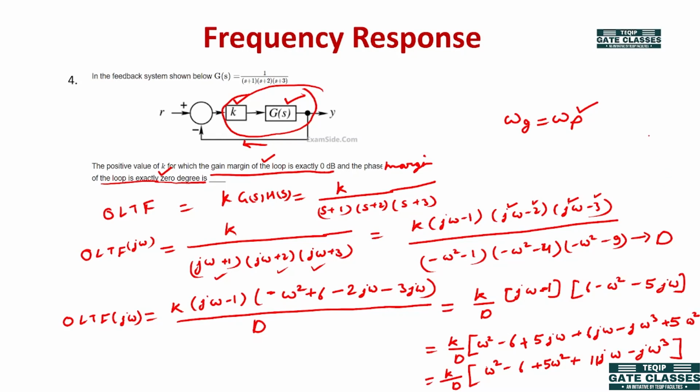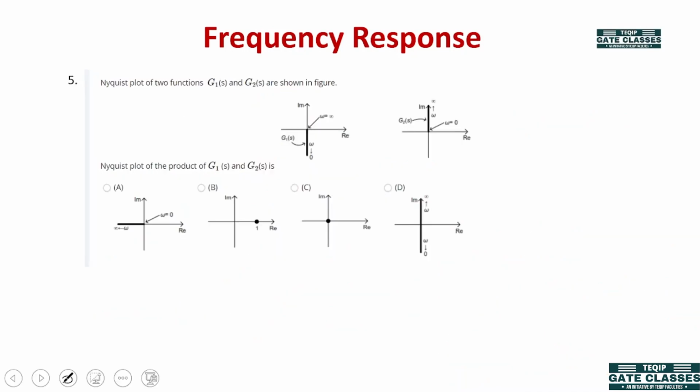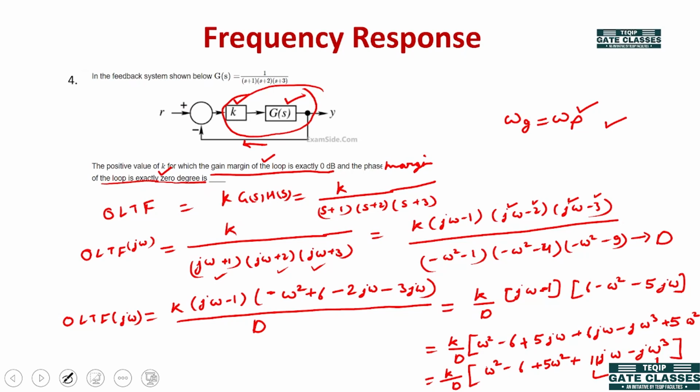So for calculating omega p, we can put the imaginary part, that is this part, as 0. So the imaginary part, that is 11 omega minus omega cube, is equal to 0.